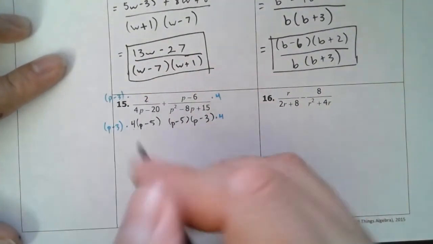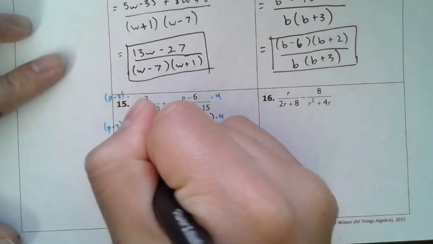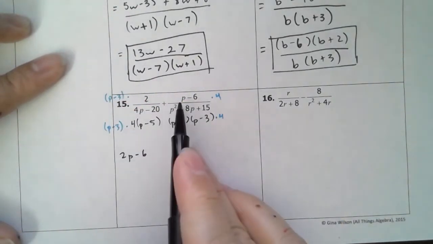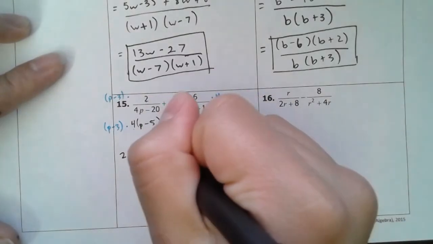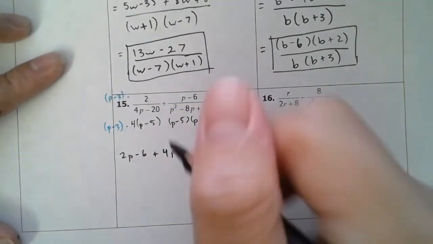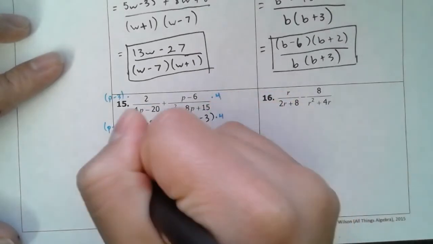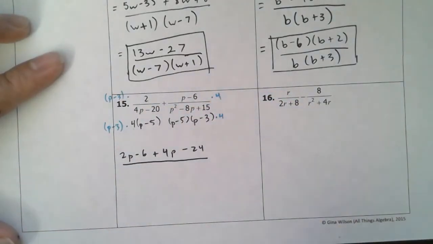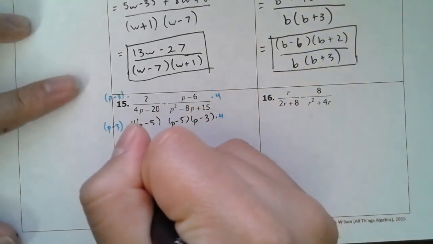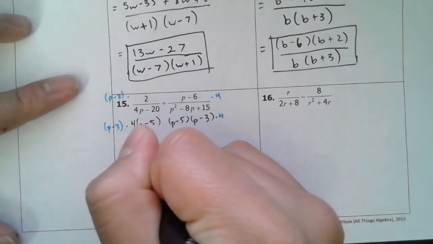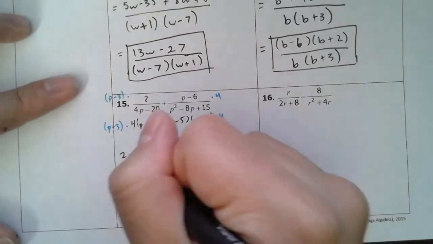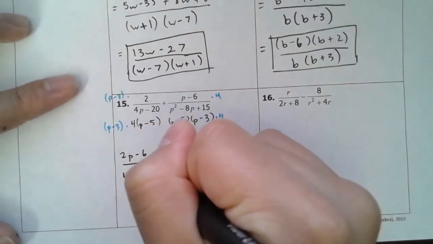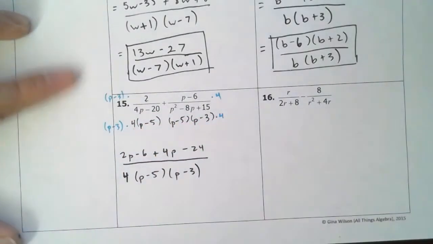2 times p minus 3, so I get 2p minus 6 plus p, 4 times p, so 4p, 4 times minus 6 minus 24, all over, let's write the constant first, 4 times p minus 5, p minus 3.